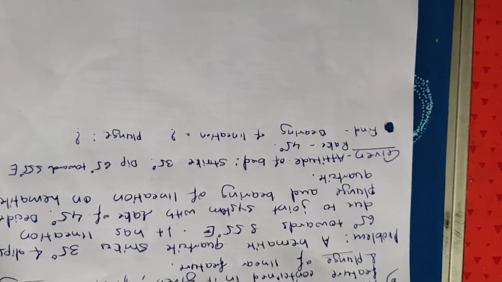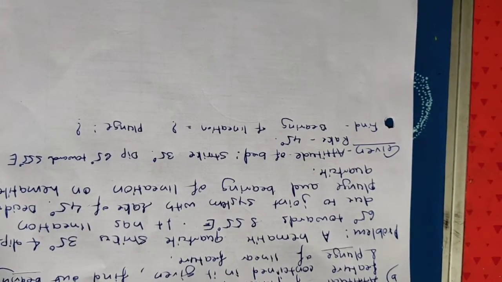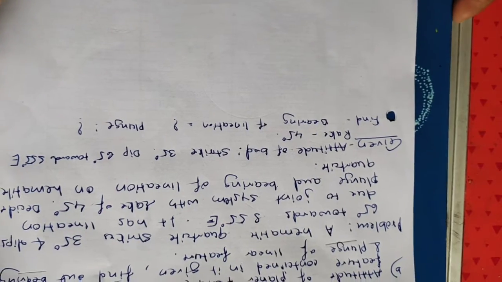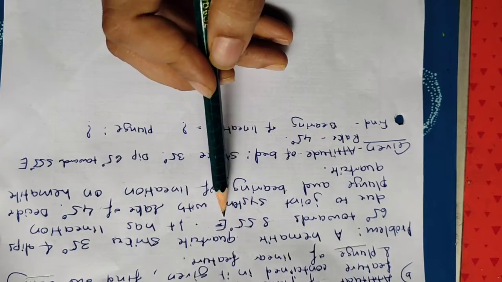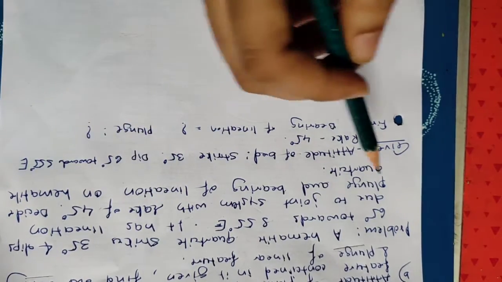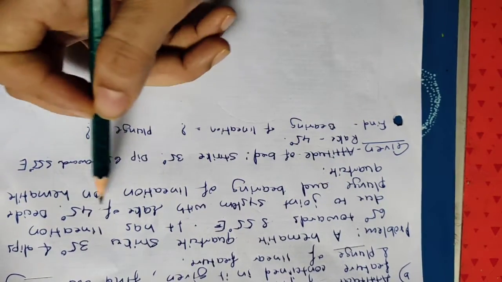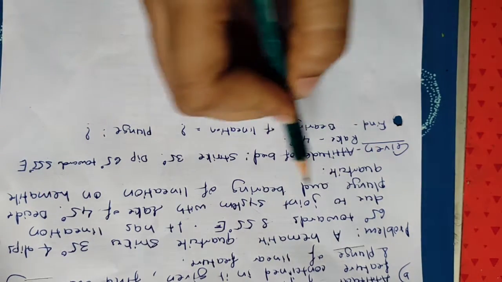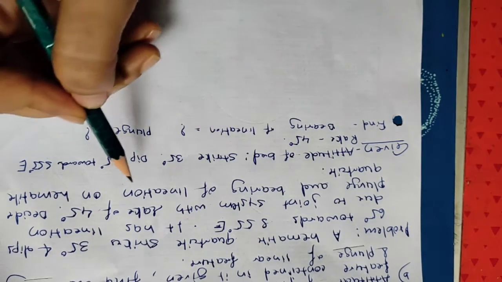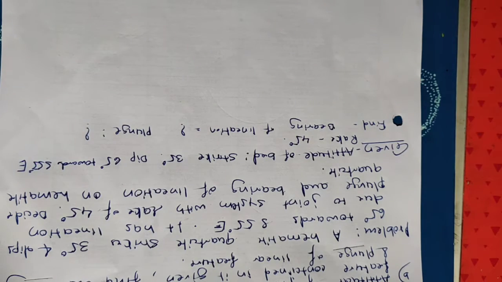The problem is: a hematite quartzite strikes 35 degrees and dips 65 degrees towards south 55 degrees east. It has a lineation due to a joint system with a rake of 45 degrees. Decide the plunge and bearing of the lineation on the hematite quartzite.